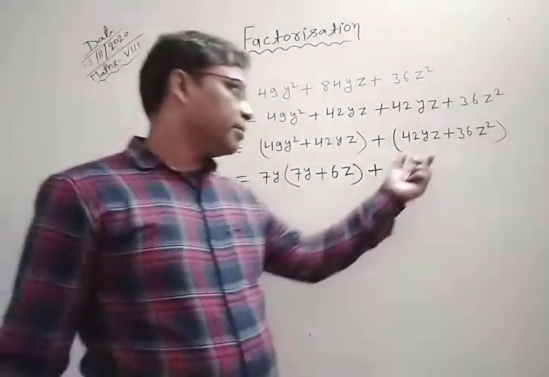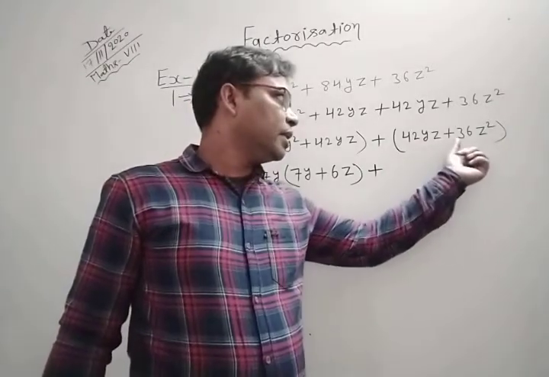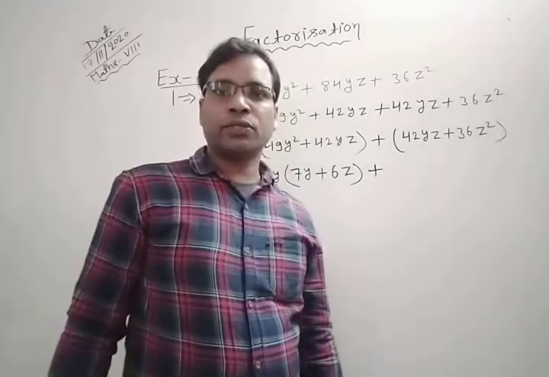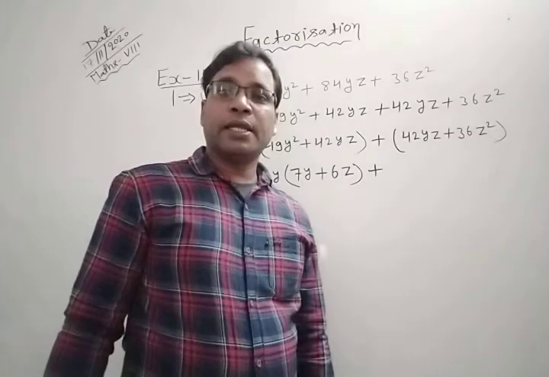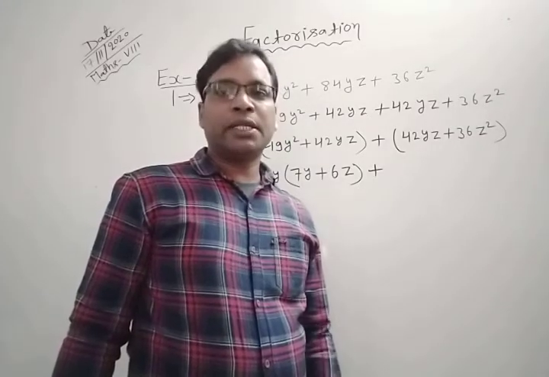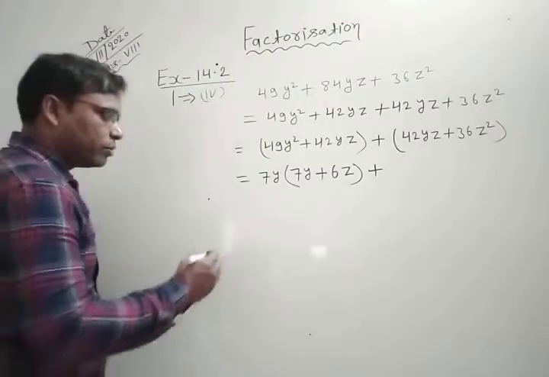Okay. In the second group, we have two terms, 42yz plus 36z square. First we write 42yz and 36z square as products of irreducible factors. After this we can see what is common between them. So 42yz.